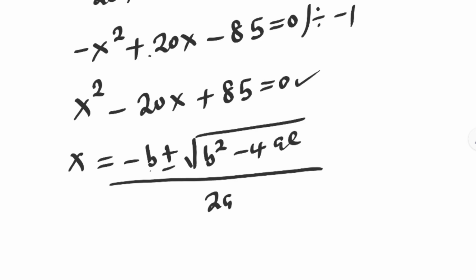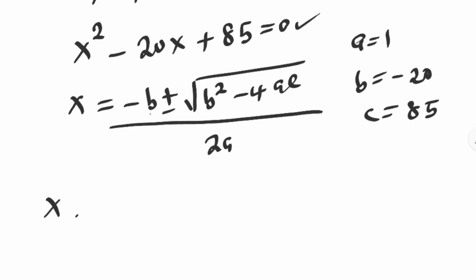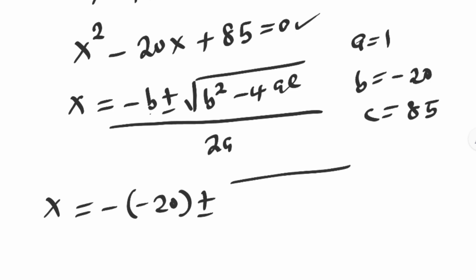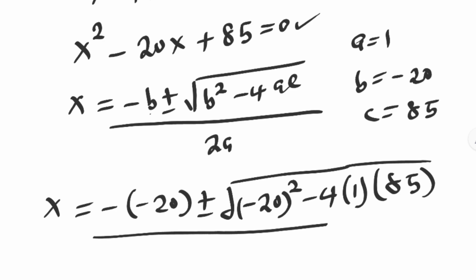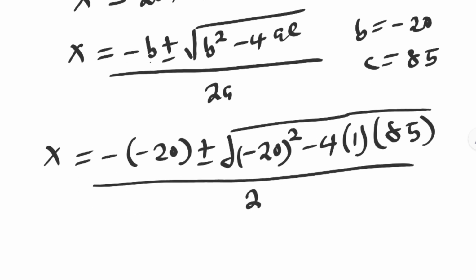And from this equation here, a is equal to 1, b is equal to minus 20, then c is equal to 85. x is equal to minus bracket minus 20 plus or minus square root of minus 20 squared minus 4 multiplied by 1 multiplied by 85, divided by 2 multiplied by 1.